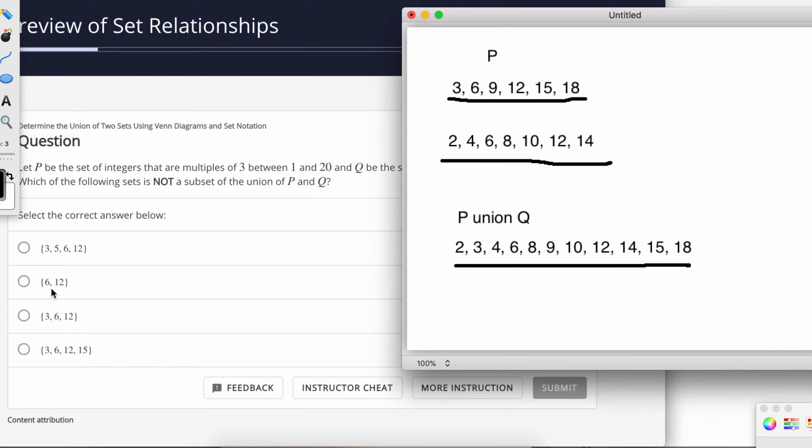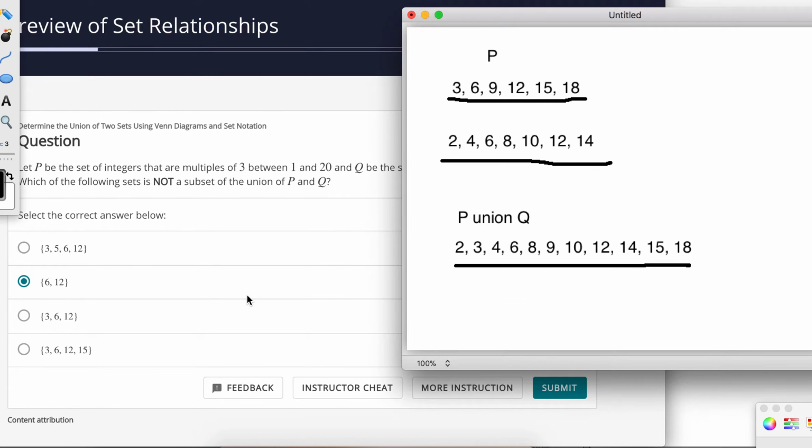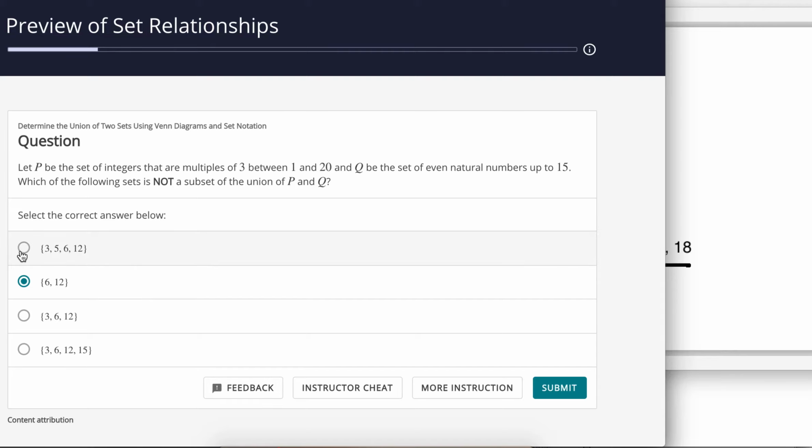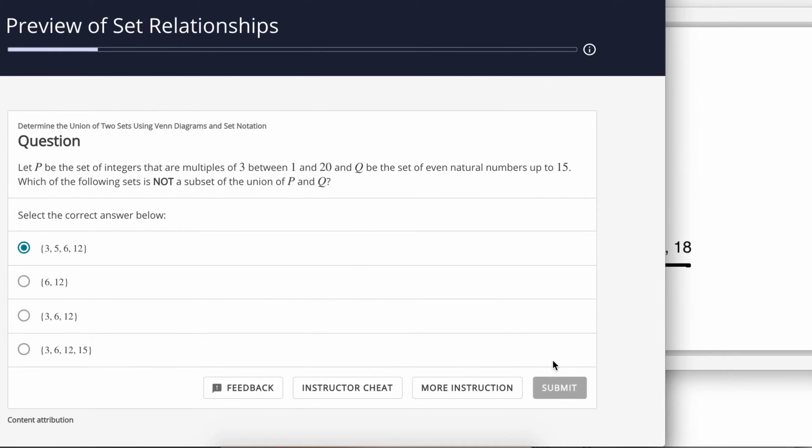Okay, let's go on to the next one. 6 is a member of P union Q. 12 is a member, so this one looks good. Let's just check the other ones. 3, 6, 12. Oh, we're supposed to pick the one that's not. We already found it, because 5 wasn't one of those values. 3, 6, 12, those are all members of P union Q. 3, 6, 12, 15, those are all members of P union Q.